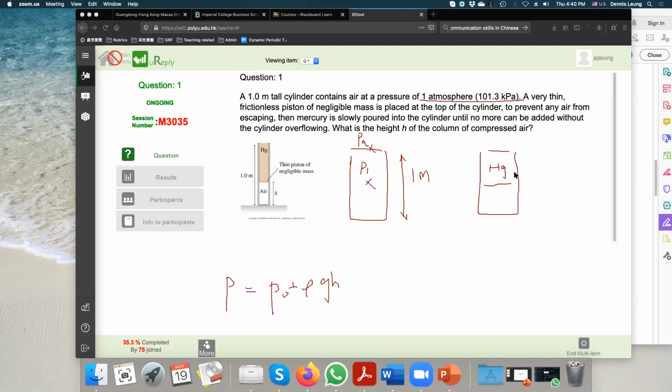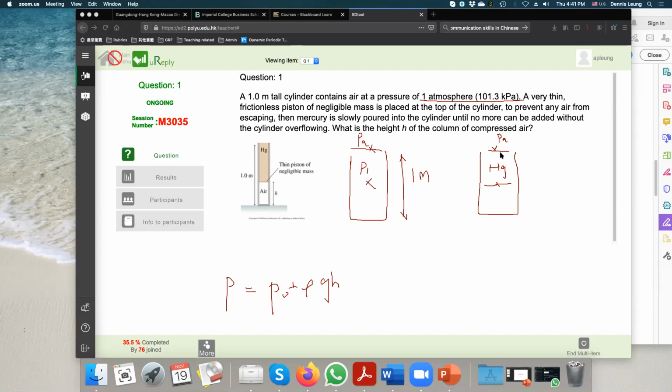It cannot compress the gas anymore, basically. At this stage, at the top surface of the mercury, it is in contact with the atmosphere. So at the top surface of the mercury, it has an atmospheric pressure. What about at the bottom of the mercury?